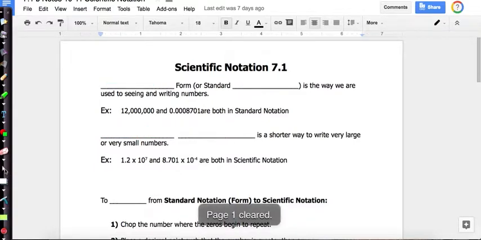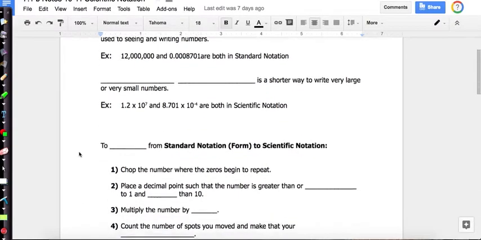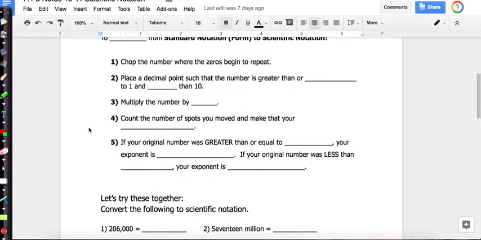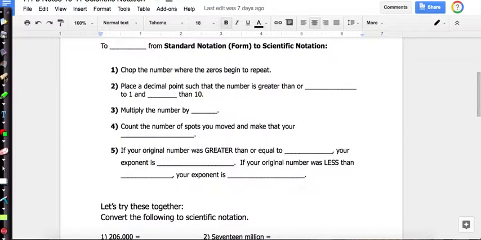Okay, so now we're going to go over rules to convert from standard notation to scientific notation. So the first word here is convert. So to convert from standard notation to scientific notation, we first chop the number where the zeros begin to repeat.